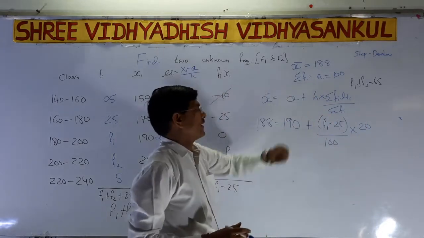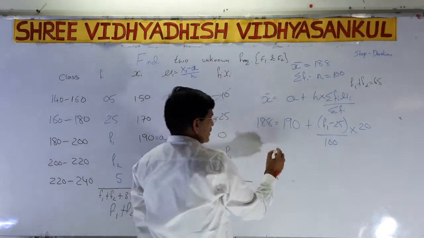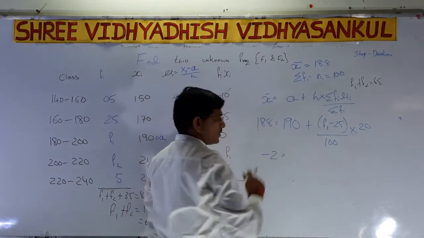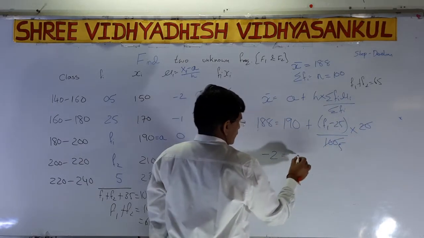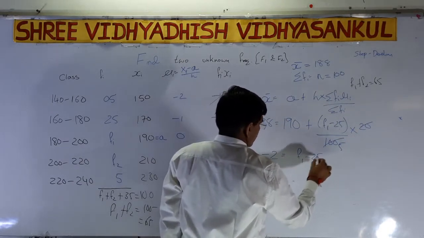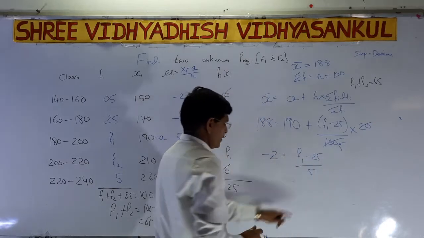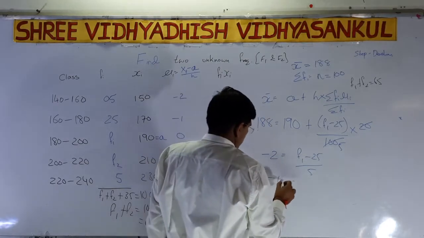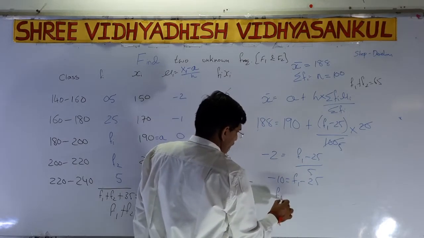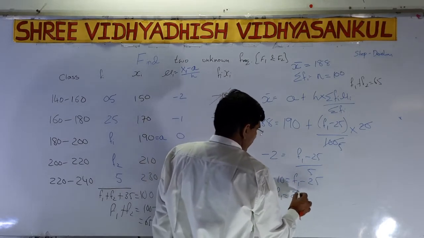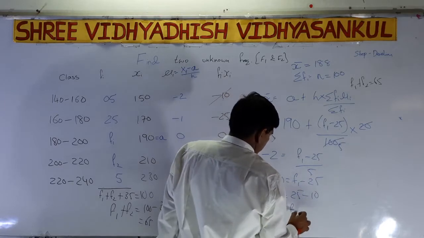Sigma Fi is given 100. If I shift it here, that is minus 2 is equal to 20 into F1 minus 25 upon 100, so minus 10 is equal to F1 minus 25. So F1 is equal to 25 minus 10, that is 15.